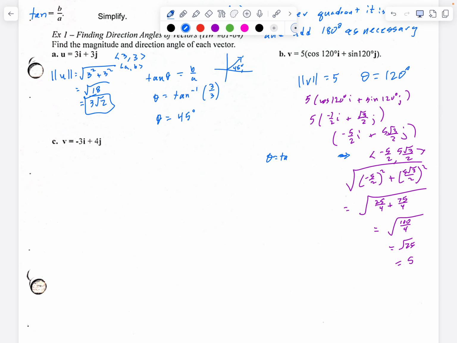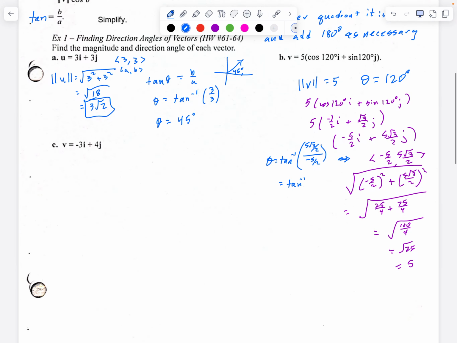That doesn't match the angle because if you go to plot a negative 5/2 and then the 5 root 3 over 2, you end up in quadrant 2. The angle that the inverse tangent gives you when it's negative is this angle.